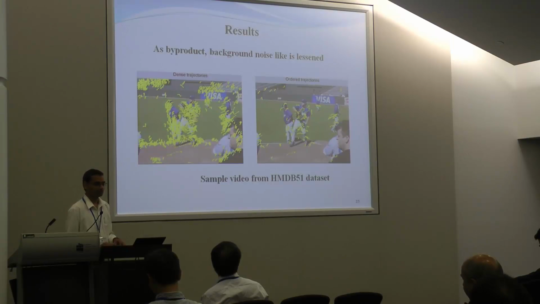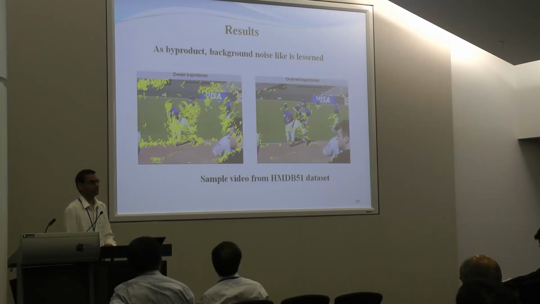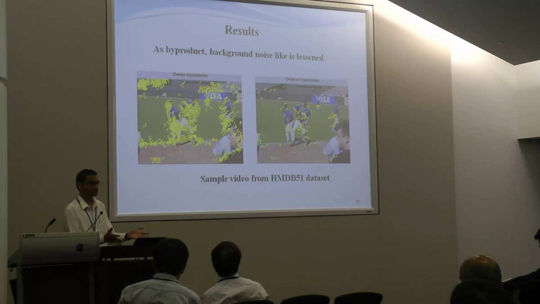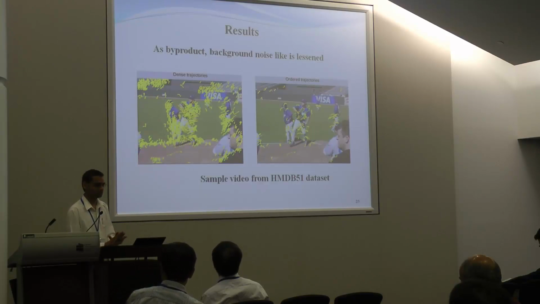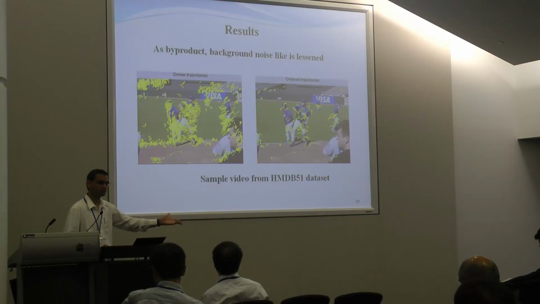Yeah, you are not losing because we have fewer trajectories. Right now the main point we are showing is that even with fewer trajectories, we can get on par or better performance. Especially on a large scale, when in the future the number of classes is going to increase, this will be useful.